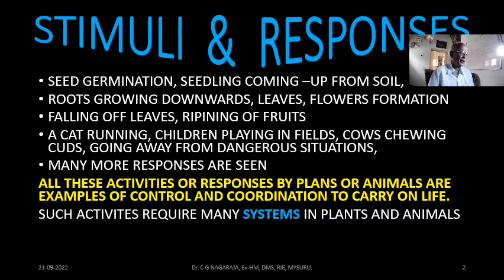So that means any stimulus that is good or bad for us, there will be a quick response, in the form of some activity. But these activities are taken care of by a group of systems, which are either the neural system or the endocrine system. All this together we call control and coordination. Such activities require many systems in plants and animals.